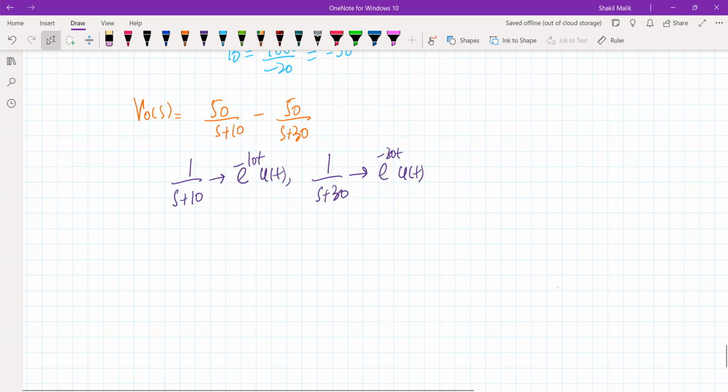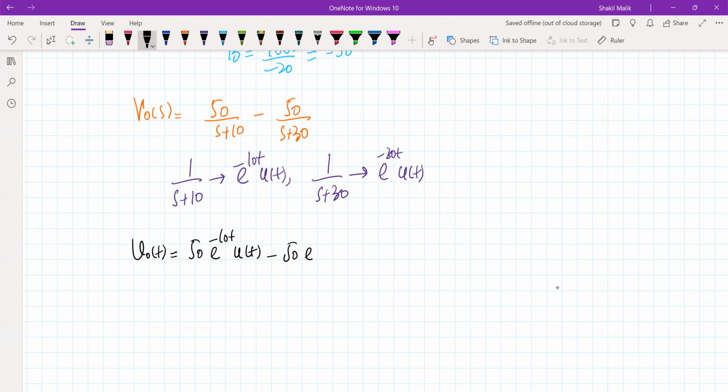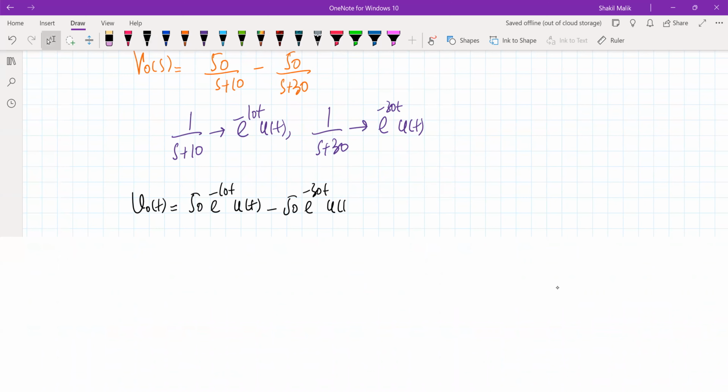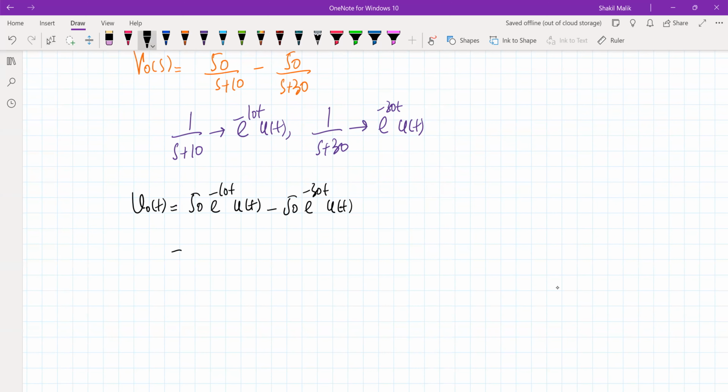So v naught of t will be equal to 50 e to the power of minus 10 t u of t minus 50 e to the power of minus 30 t u of t. Taking 50 common, it will be 50 times e to the power of minus 10 t minus e to the power of minus 30 t, times u of t.